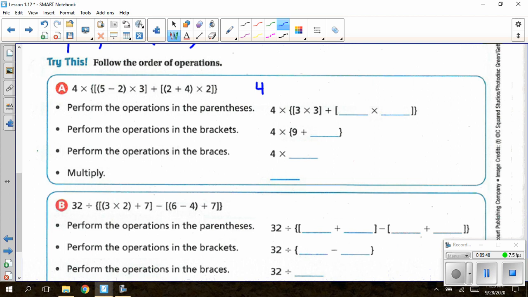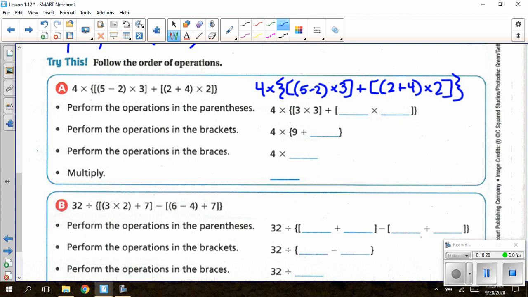So 4 times brace, bracket, parenthesis, 5 minus 2, and the parenthesis, times 3, and the bracket, plus, now I need a new bracket, and I have in parentheses 2 plus 4, and that parenthesis, times 2, and that bracket, and then end the final brace.